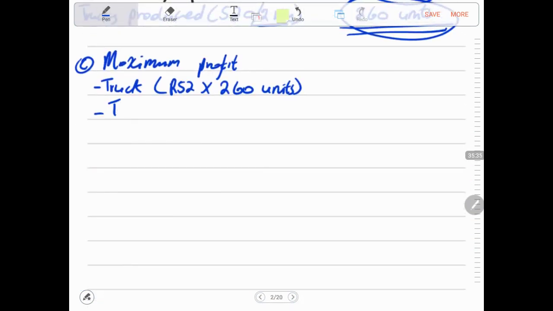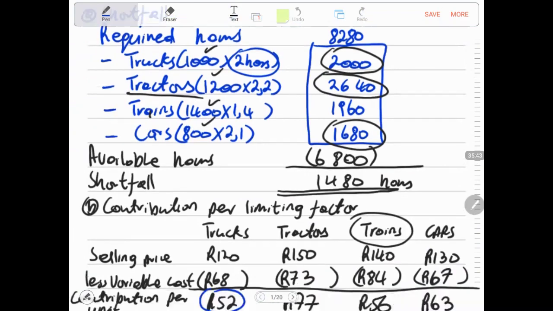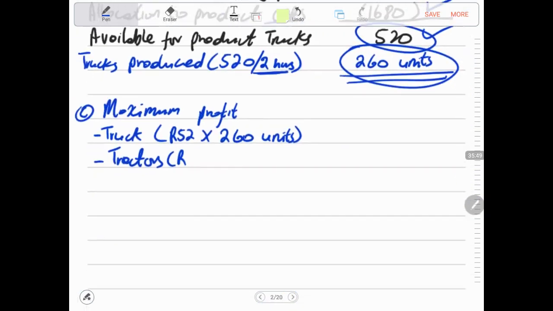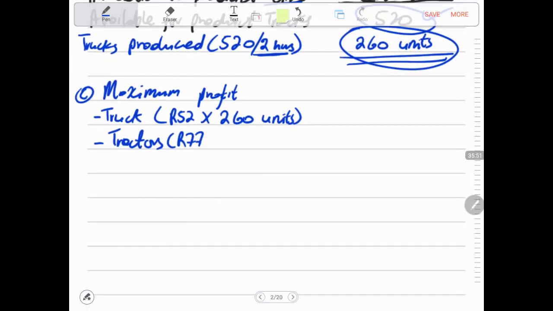Then we go to the tractors. Then we need to check the contribution per unit of the tractors. Contribution of the tractors, it is 77 rand. Then we say 77 rand times this by the number of units, which is 1,200 units.